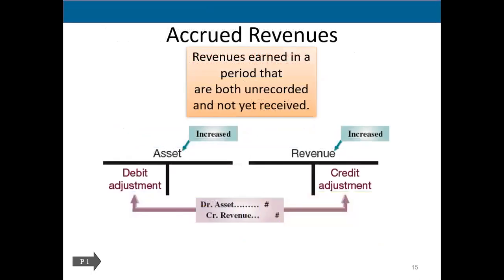All right, accrued revenues. Again, these should look familiar to you because what we're doing in accrued revenues is we have earned the revenue. So we have provided the product or the service to the customers, but they haven't paid us yet. They haven't been billed yet. We have to send them a bill or an invoice. We've got to wait to get paid. So in this case, we are debiting a receivable account, usually accounts receivable, crediting revenue.